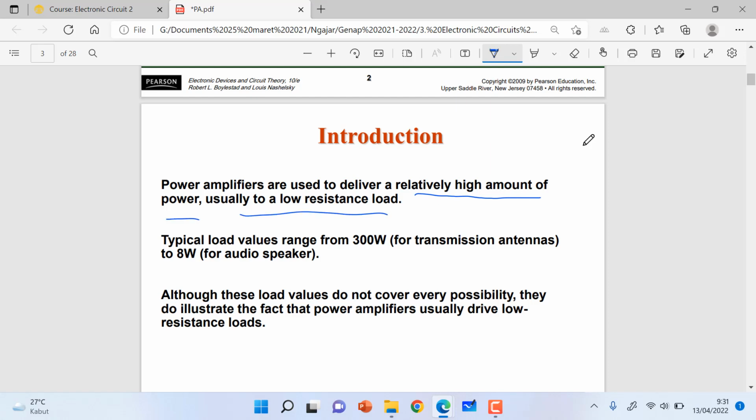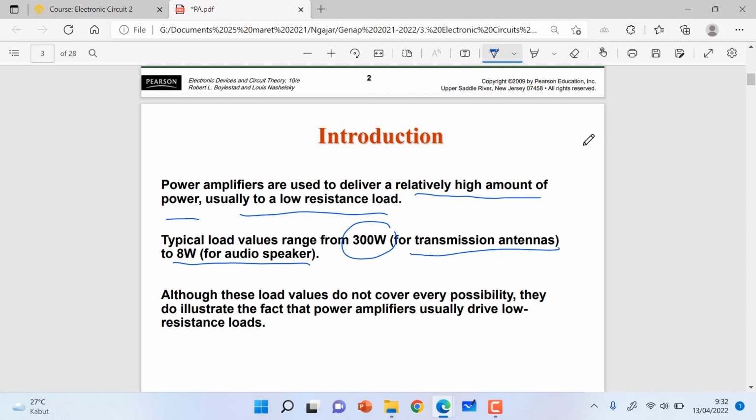Power amplifiers are used to deliver a relatively high amount of power, usually to a low resistance load. So the power amplifier is the device that has to deliver power to the low resistance load, and the load range is from 300 watts for the transmission antenna to 8 watts for the audio speaker.